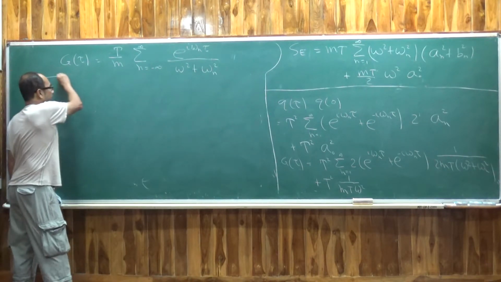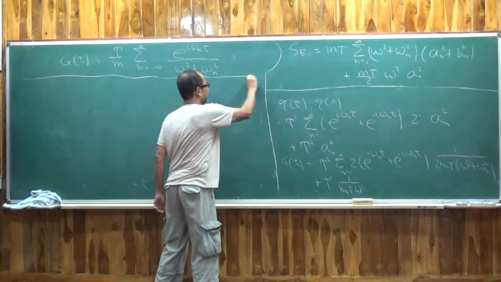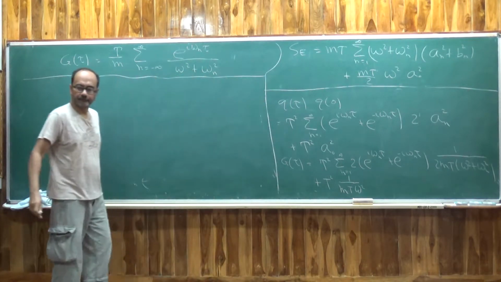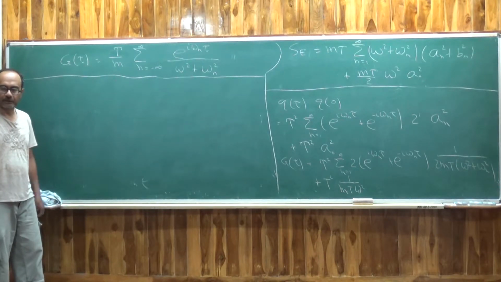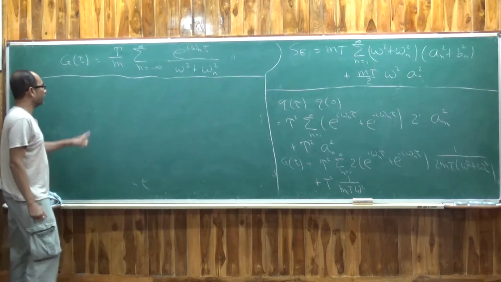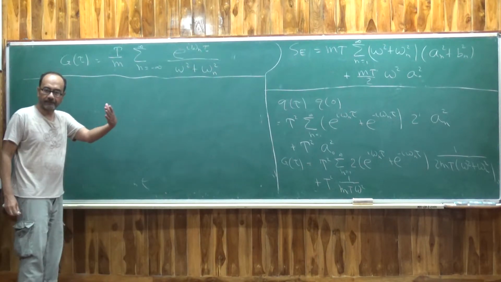Now let's compare this with what we would have gotten if you were doing zero temperature field theory. Okay, suppose you are doing zero temperature Euclidean field theory. Okay. This is a 0 plus 1 dimensional field theory, right?